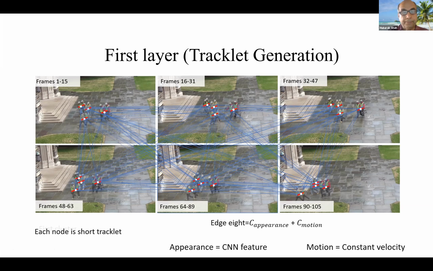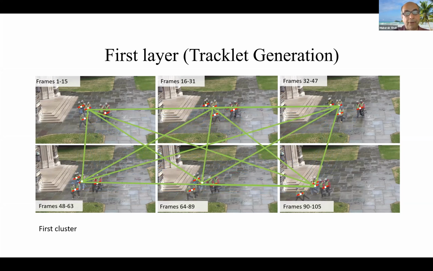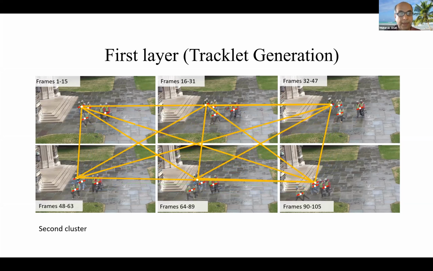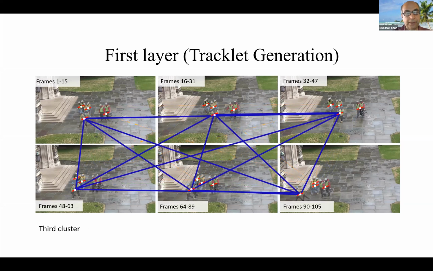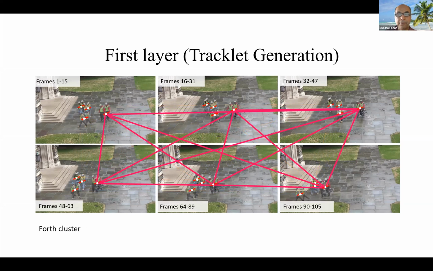Then we find the constrained dominant set. This may be the first constrained dominant set, which is the track of one person, the green one. This can be another dominant set, which gives you the track of a second person, then a third person, and so on. That is the way we get the tracklets.